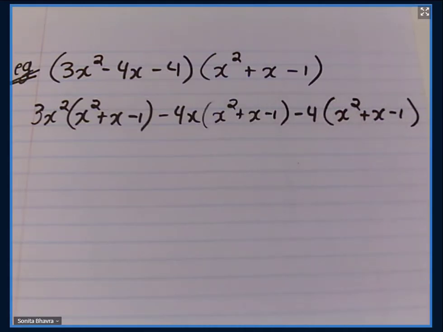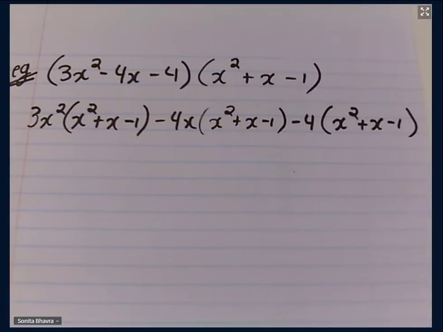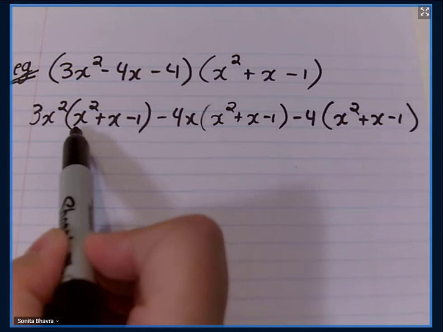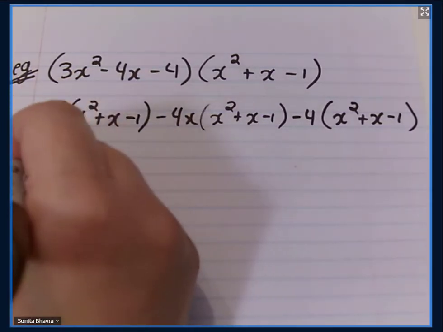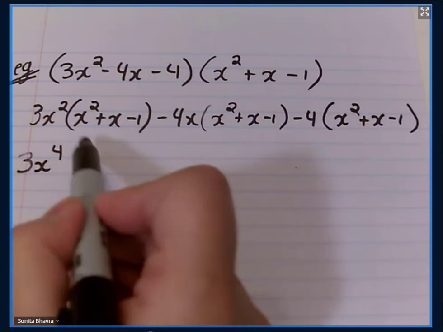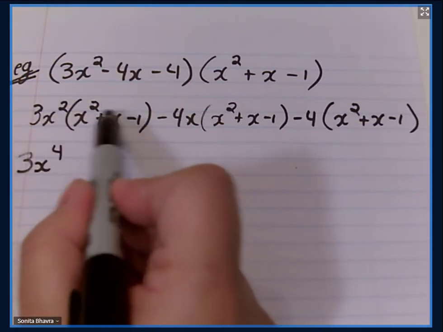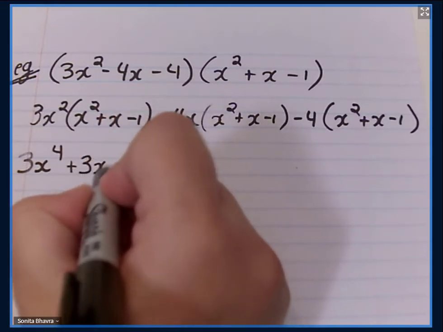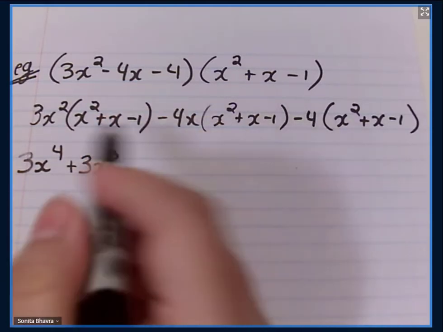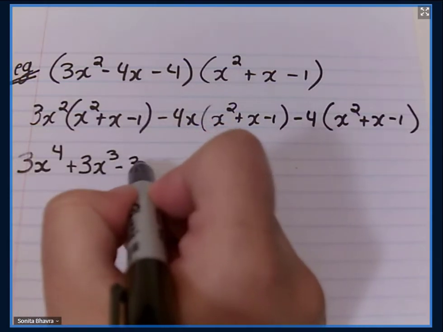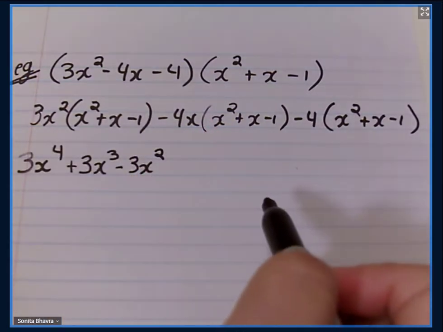So let's go through this then. So here, 3x squared times x squared will give me 3x to the power of 4, and then 3x squared times plus x gives me plus 3x to the power of 3, and then 3x squared times negative 1 is negative 3x squared.